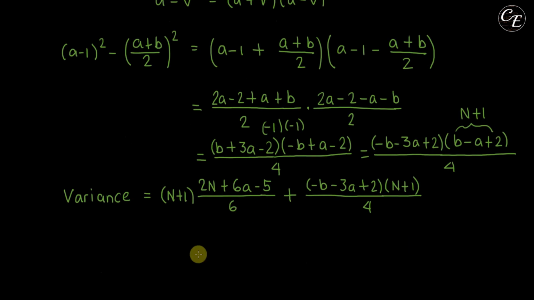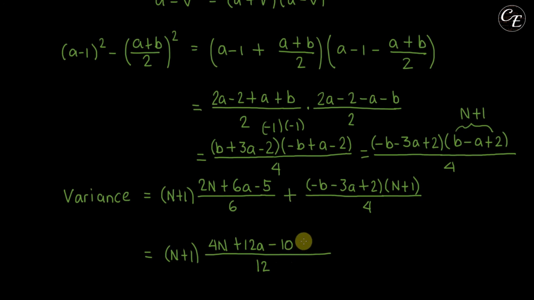So we have now, for this 2, we have a common factor of n plus 1, so we have here n plus 1. Then let us have a common denominator of 12. Then 12 divided by 6 is 2, so we have here 4n plus 12a minus 10.